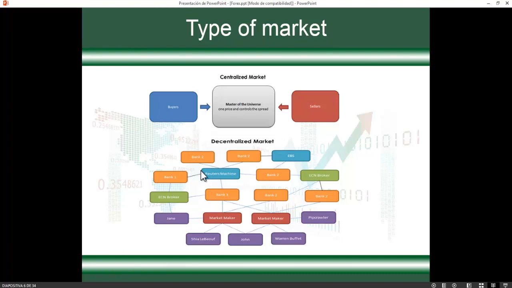But yeah, what I want you to get out of this slide is you have a centralized market, which is the stocks and probably all the ETFs and all the banking instruments, and then you have the forex exchange type of market, which is a completely decentralized market.